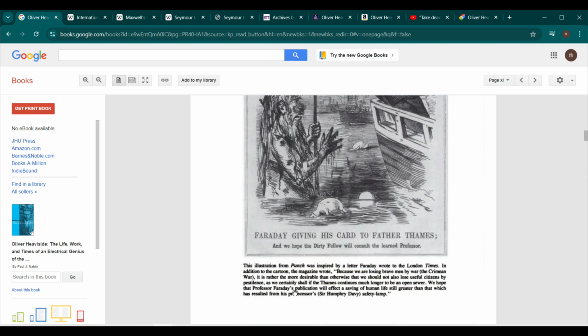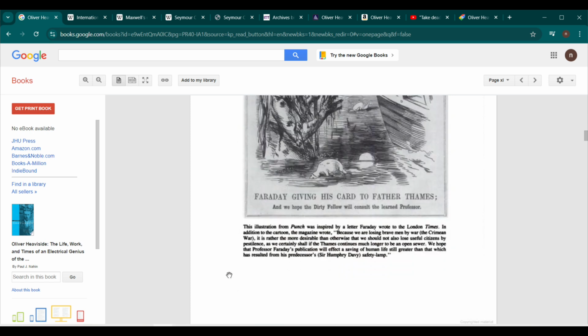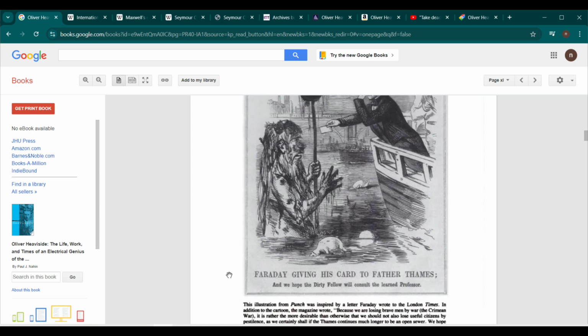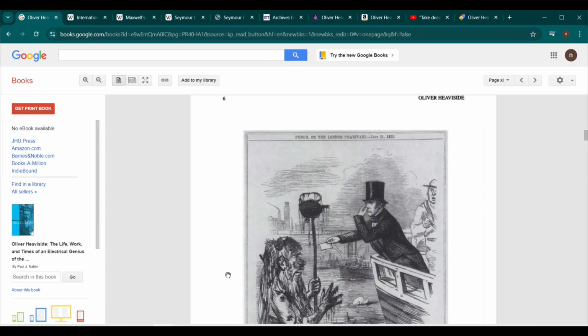We hope that Professor Faraday's publication will effect a saving of human life still greater than that which has resulted from his predecessor Sir Humphry Davy's safety lamp, which I presume is the lamp that replaced the kerosene or gas lamp in the coal mines.